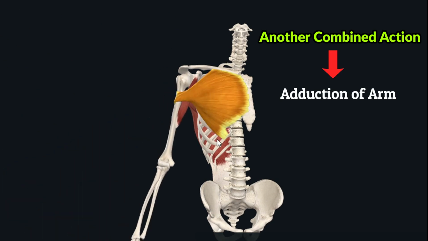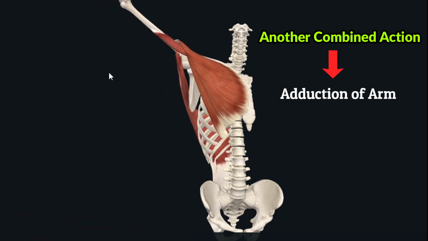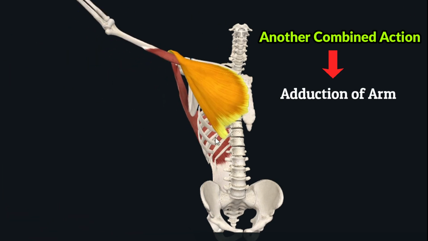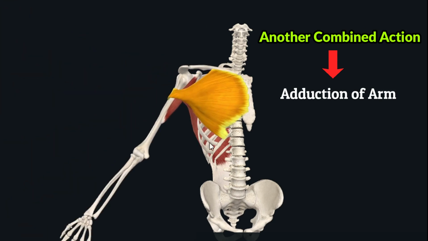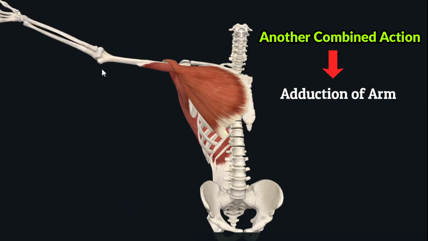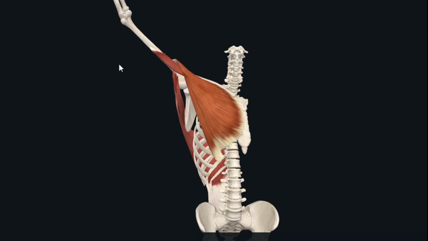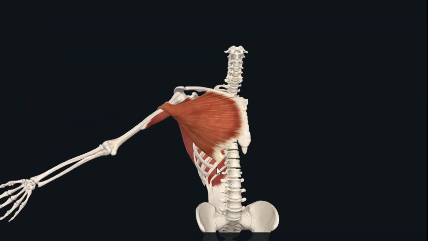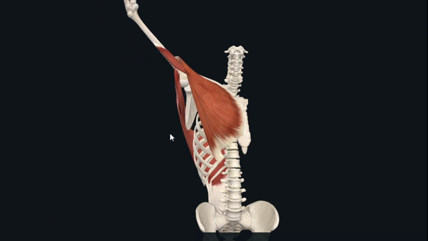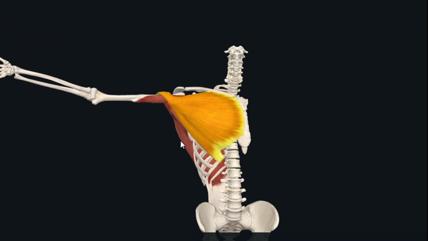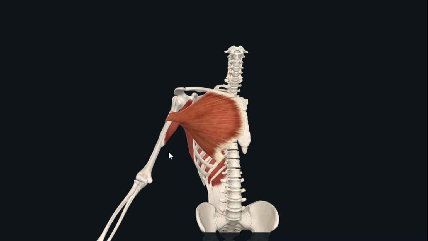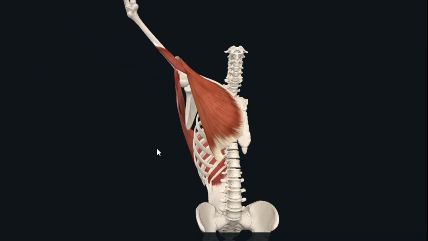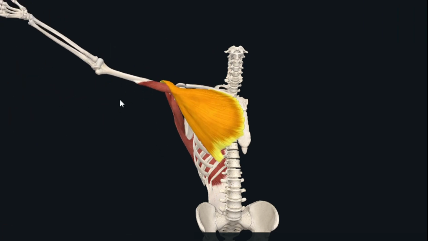That is, it draws the shoulder towards the midline, decreasing the angle between the thoracic wall and the upper limb. As you can see, it draws the arm towards the midline. So the important combined action performed by these two heads is the adduction of the arm.